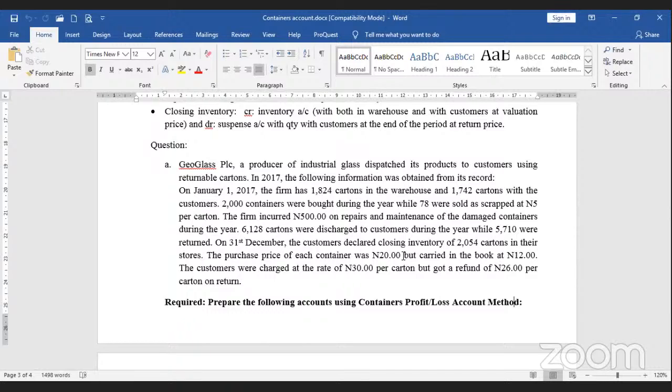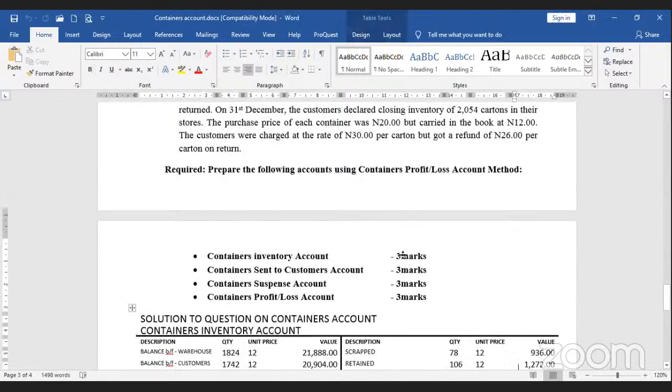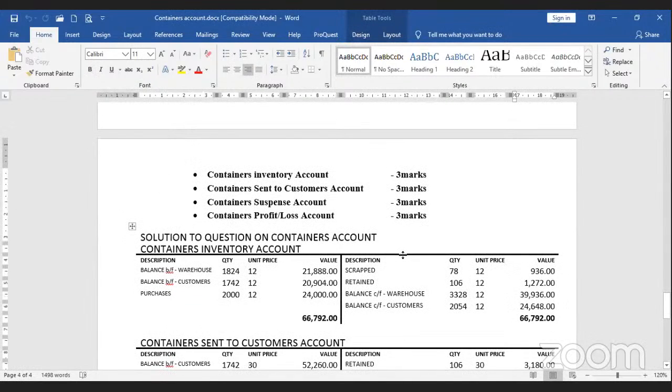The firm incurred 500 on repairs and maintenance of the damaged container. So it means that the container that was repaired was that amount. In this question, I want you to be very, very careful with what we're having here.